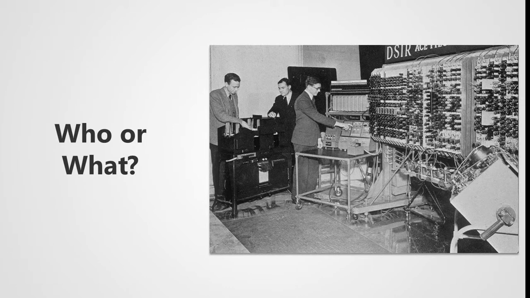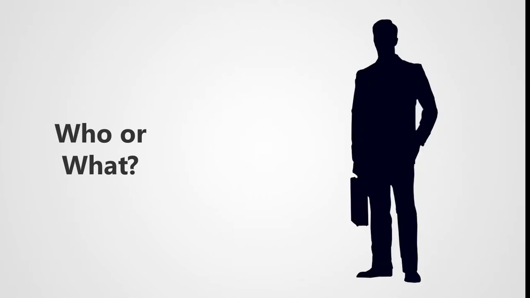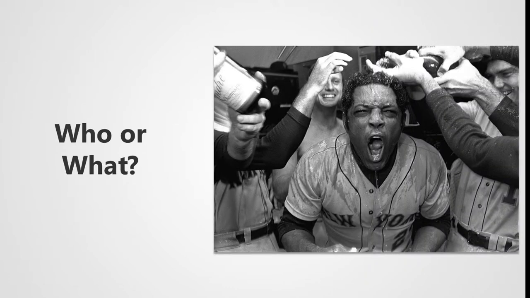So when we decide to address the who and what questions, what we're doing is we're building a portrait of the person or the thing or the entity, and we need to find ways of interestingly presenting that portrait. A lot of times it's a picture of the person in question. So Willie Mays, for example, you can't find a much better picture of Willie Mays than celebrating a championship.